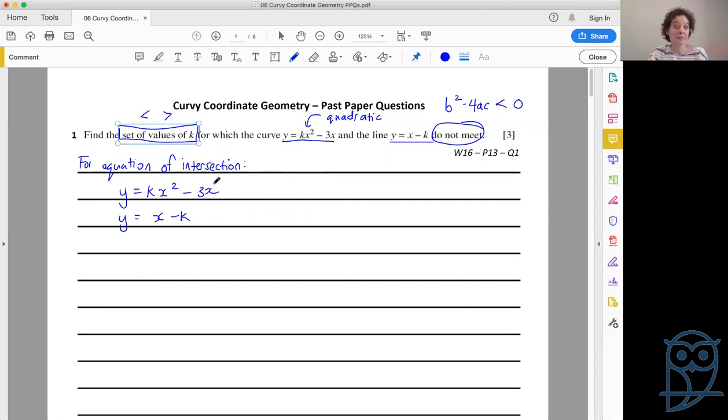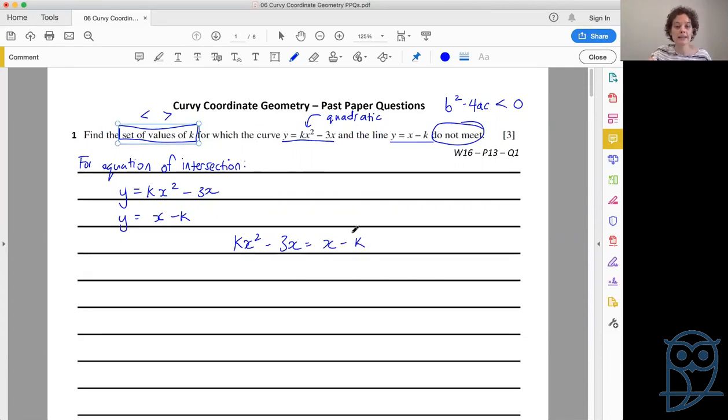What I get by writing these out is that I can see y equals, straightforward, I can equate my y's. A simplified version of simultaneous by substitution. So kx squared minus 3x equals x minus k.